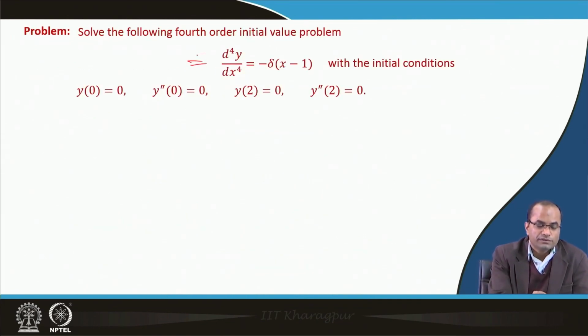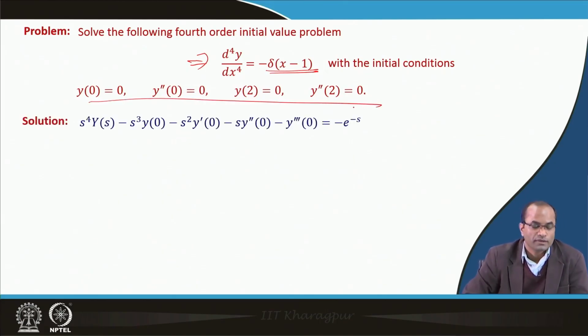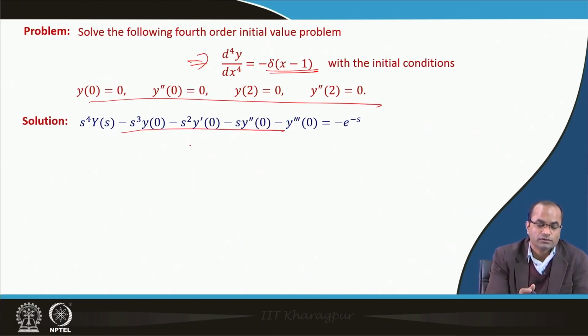So, here we have, for instance, this fourth order differential equation with right hand side having delta of x minus 1, and the conditions are given, all these zeros. So, we can apply again the Laplace transform, and all these will become 0 because of these initial conditions.